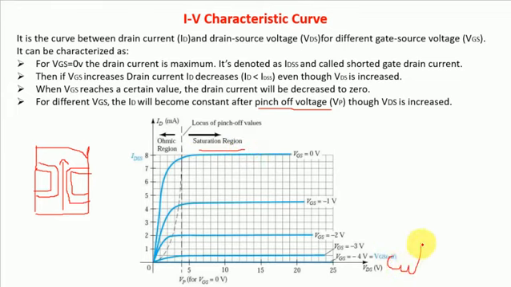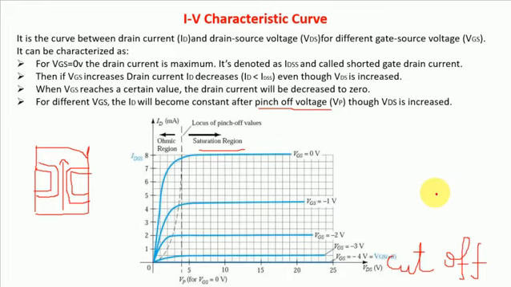The cutoff region is when the JFET is in the inactive condition. The transistor will be in its inactive condition, and there will be no further flow of current from the channel.